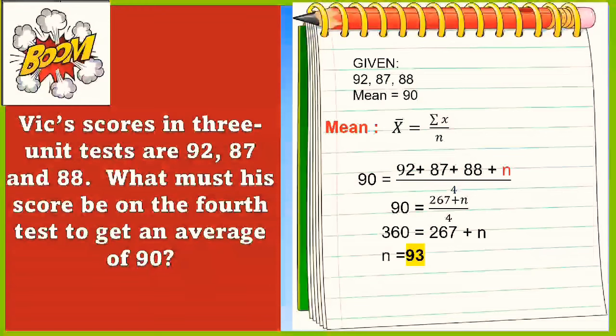By using the formula, summation of x over n, substituting it, we have 90 for the mean is equal to 92 plus 87 plus 88 plus n in our numerator all over 4.